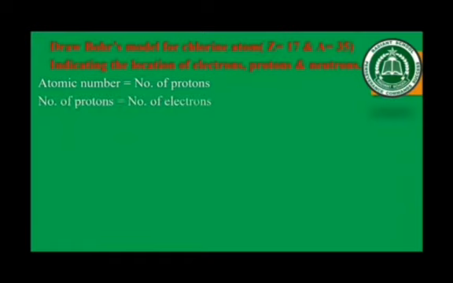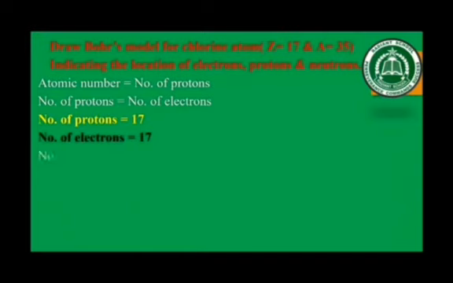As we discussed in the previous chapter, atomic number is equal to the number of protons in an atom, and a neutral atom has a number of protons equal to the number of electrons. So the number of protons is equal to the atomic number, that is 17, and the number of electrons is equal to the number of protons, so the number of electrons is also 17.